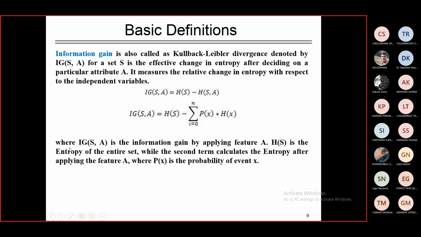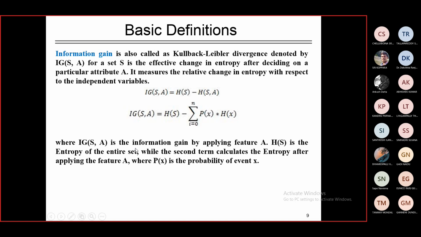Here information gain is used to evaluate the root node as well as the internal nodes in order to get the split within the decision tree.